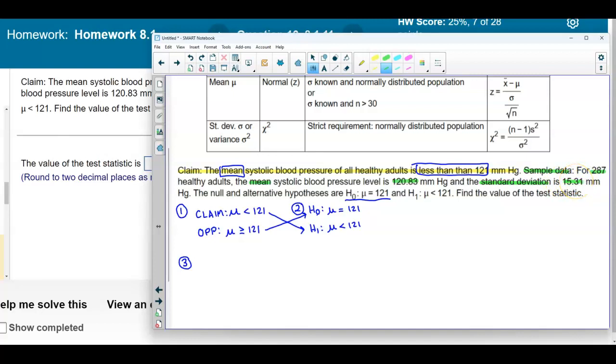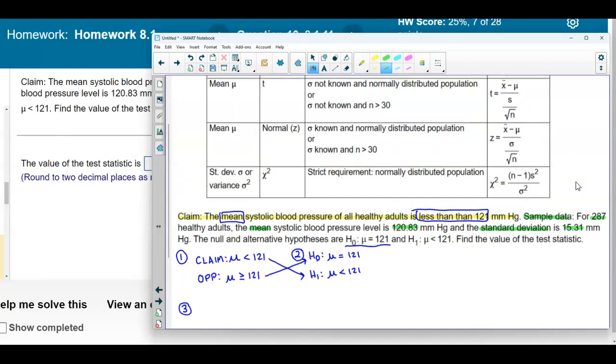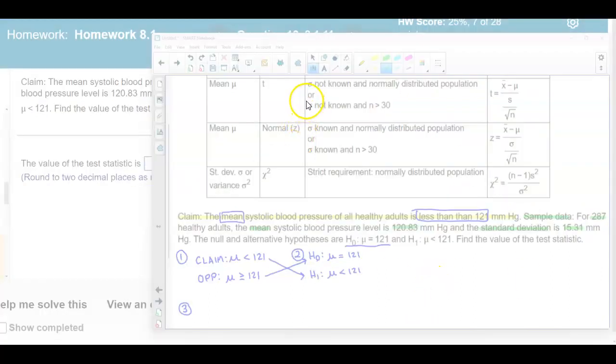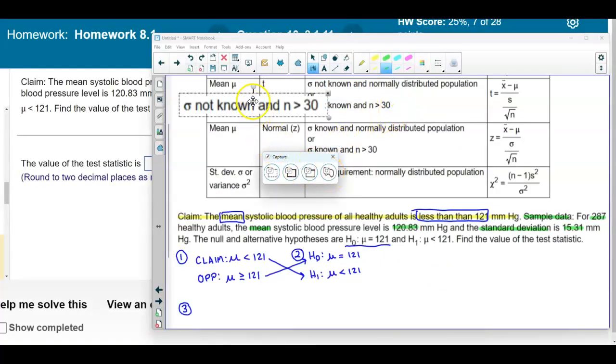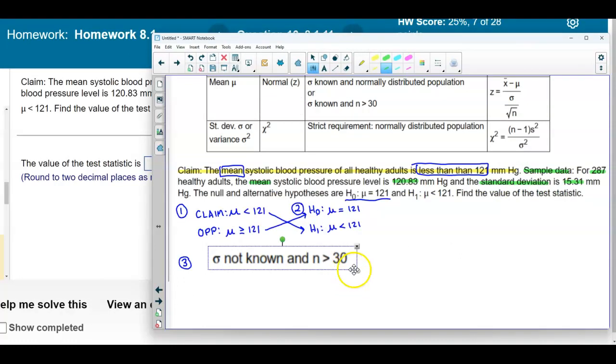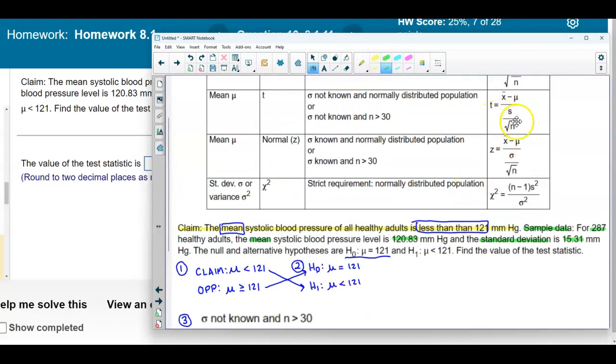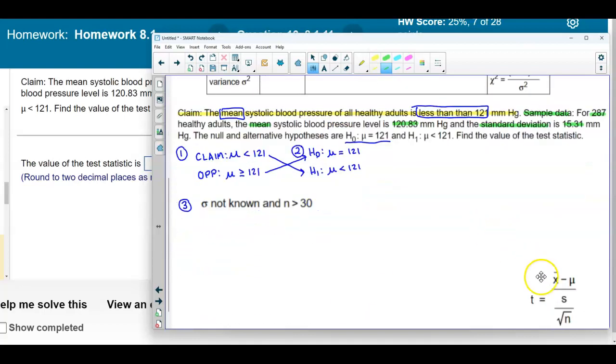Okay, so that tells us that the population standard deviation is not known, and we can see that the sample size n is greater than 30 because 287 is greater than 30. So that means that we have to use this formula here. Okay, so there is the formula that we're going to use. So the test statistic is this because of this scenario.